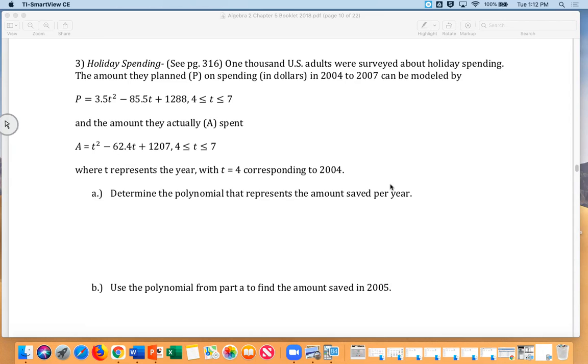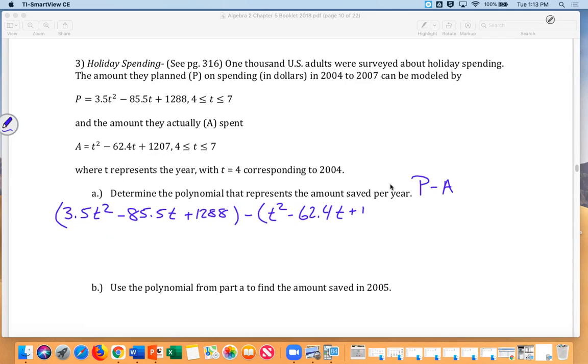So up here, when I have my planned function and I have my actual function, I'm just going to subtract the two. So I'm just going to do the planned minus the actual. The planned is 3.5 T squared minus 85.5 T plus 1288. And as Maggie said, I am going to subtract my actual, which is T squared minus 62.4 T plus 1207.